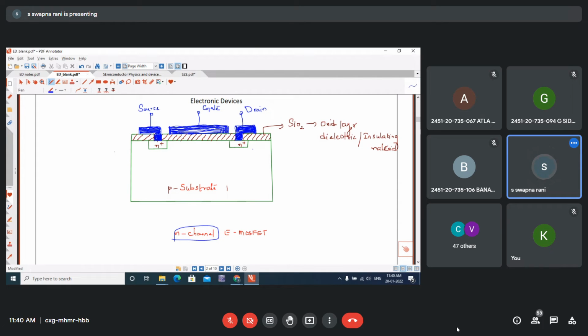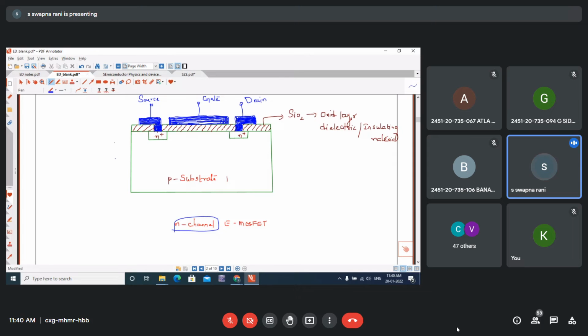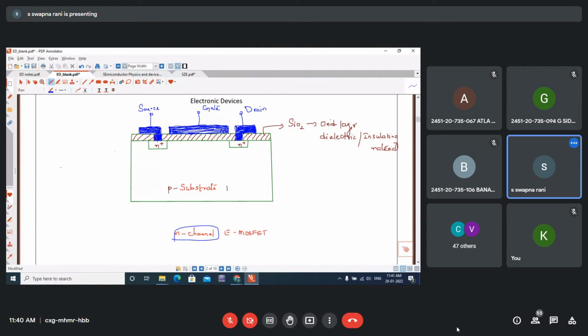Now we will see the working of the enhancement MOSFET. If there is no voltage on the gate, no. So before we move on, I will give you a note related to the substrate.